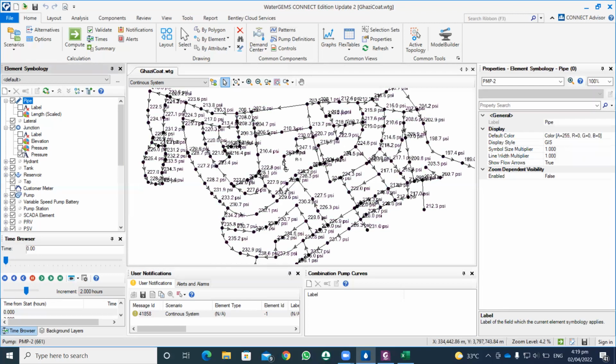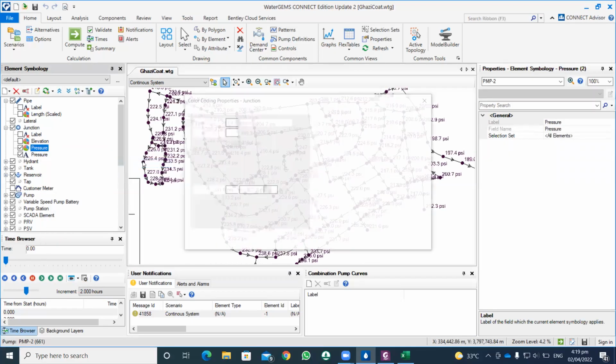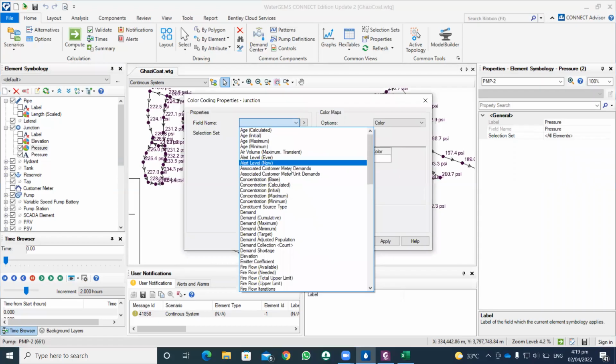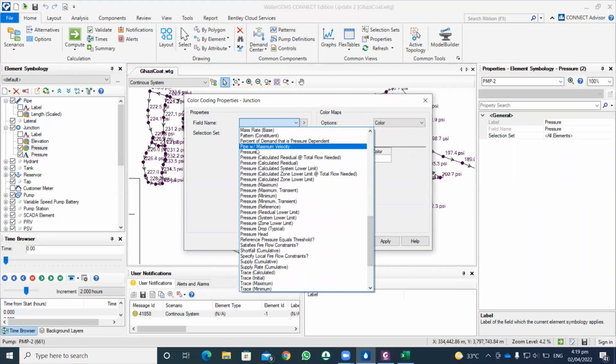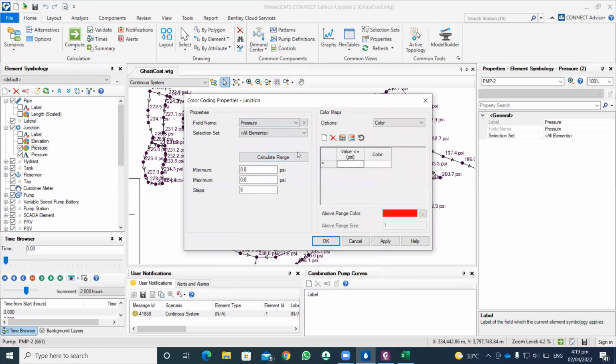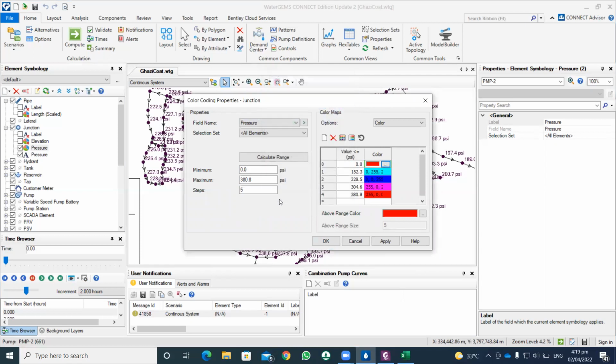I want to annotate. So this is basically color coding of different values or nodes.